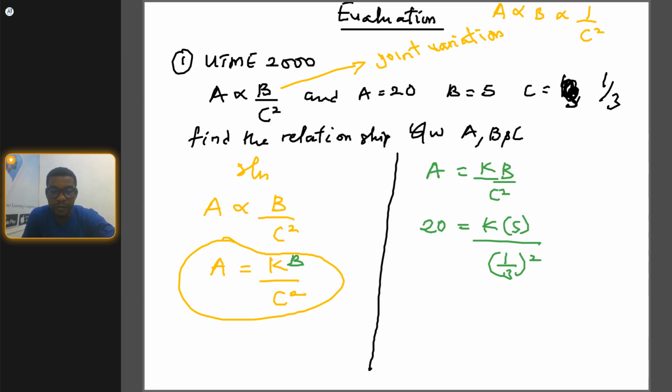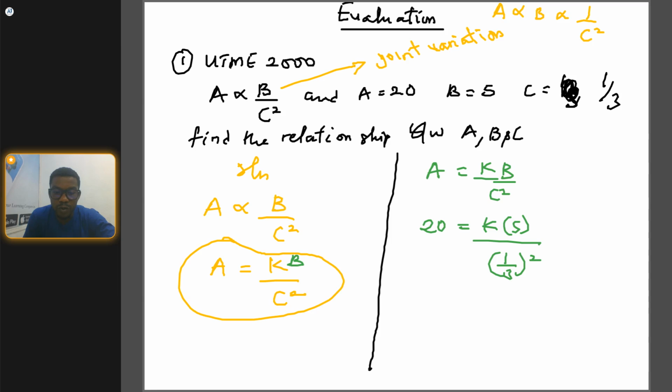I'm waiting for your value of K. Once we get the value of K, we are good to go, because we are just asked to find the relationship. And the aim is to get the value of K.